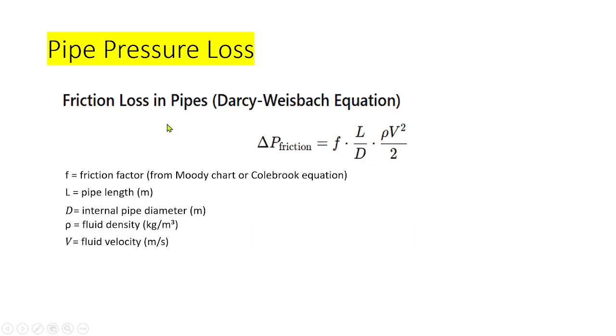For pipe pressure losses, we use this equation and find pressure losses in pipe by the Darcy-Weisbach equation. You can see this factor, f is the friction factor from the Moody chart, L is pipe length, D is internal diameter, rho is fluid density, V is fluid velocity.